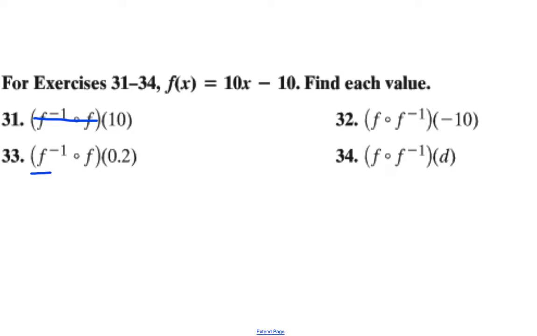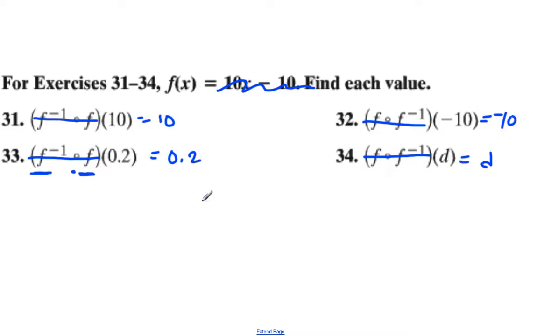As long as it's the inverse of f composed with f. So they have to be the same function, but one is the inverse and one is the true function. So we're going to mark those out. The only thing that's left here is 10. We don't care about that. This is 0.2, this is negative 10, and this is D. Easy. All right, moving on to 7, 8.